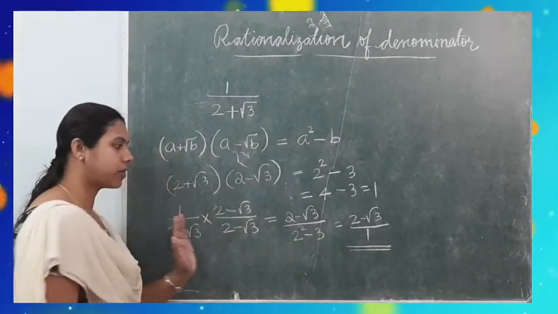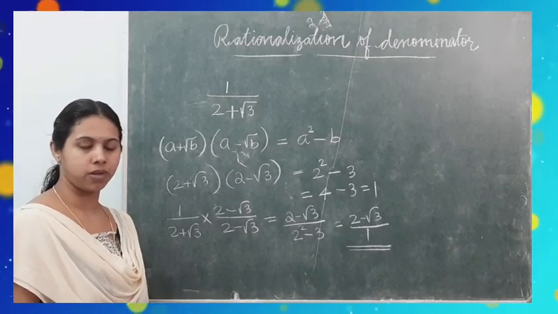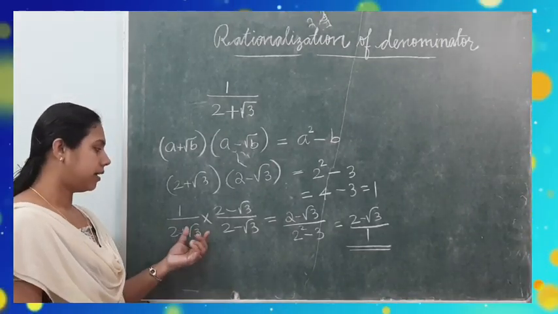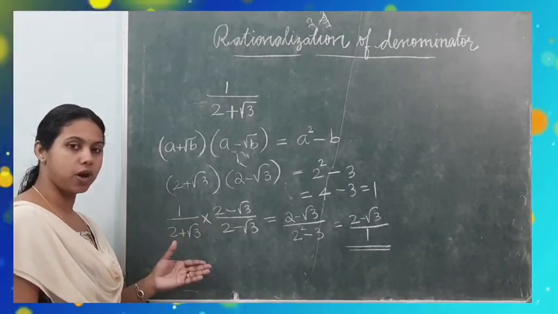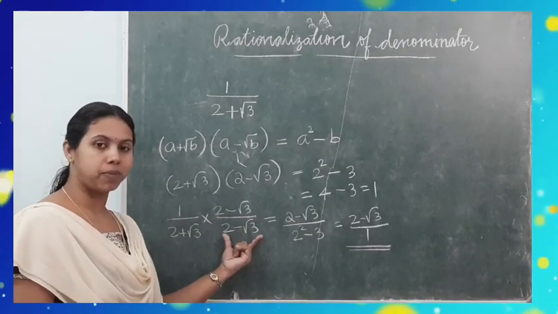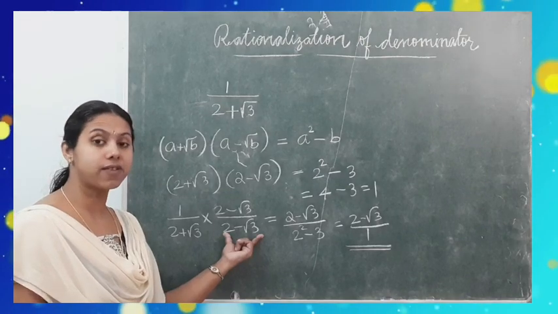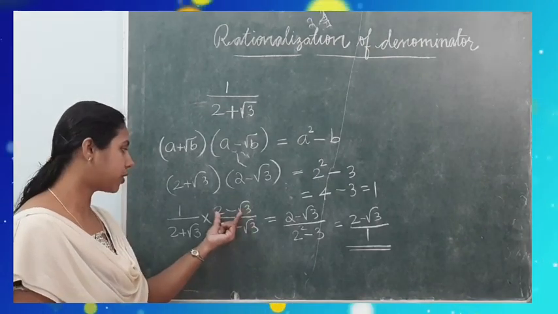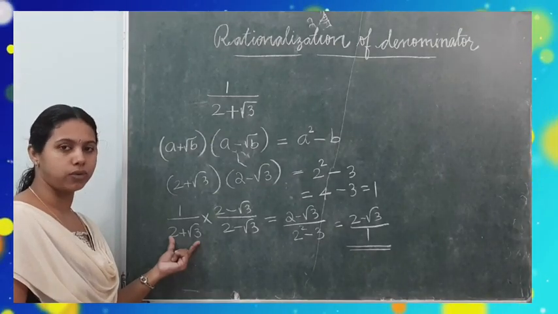So this process is known as rationalization of the denominator. That suitable number, the number which we multiply the numerator and denominator by to get a rational number, is called the rationalizing factor. Here 2 minus root 3 is the rationalizing factor of 2 plus root 3.